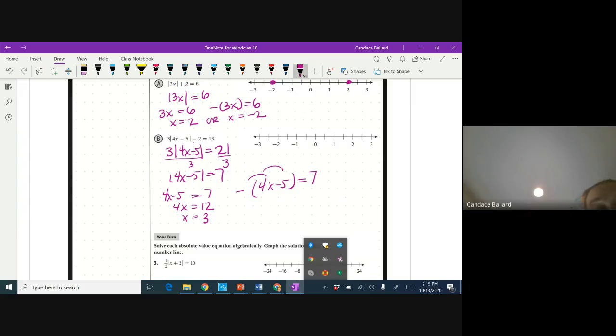I'm going to distribute the negative, so -4x plus 5 equals 7. And for -4x, I'm going to subtract the 5, which is going to give me 2. And then I'm going to divide by the -4, so I get 2 divided by -4, or -1/2, and put the word or in between there for the disjunction.